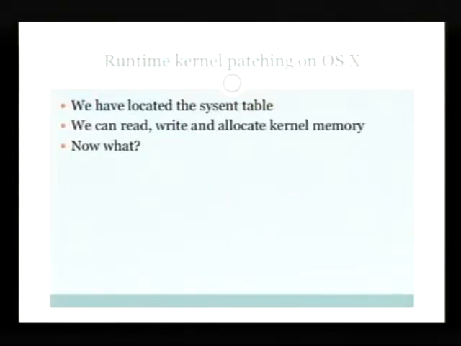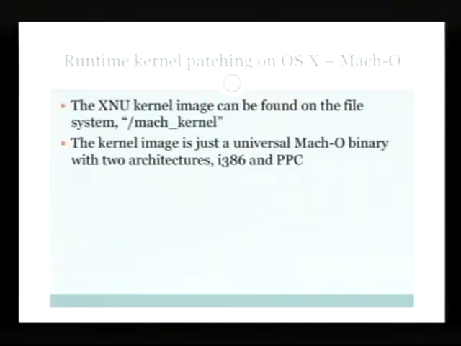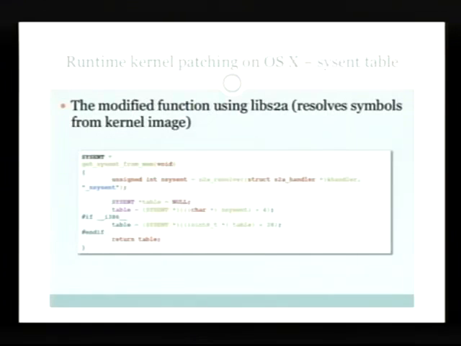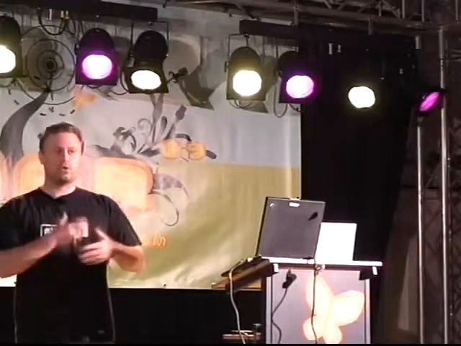I think there was a beautiful example, but there wasn't. So the kernel image is just a normal Mach-O binary, containing two architectures, i386 and PPC. And Bosse actually developed this really nice little library that you can use to resolve kernel functions. It's called libs2a.